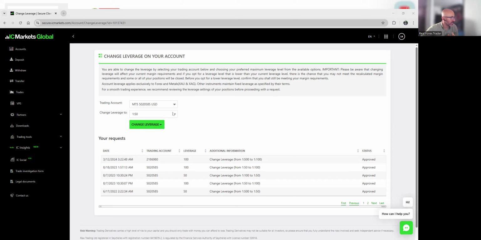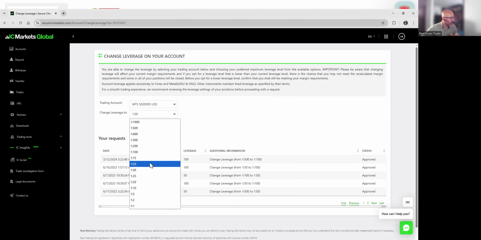My suggestion is set up your leverage to 150, 130, 125, 120, 110, depending on the capital that you have. If you leverage your account to 1,000, you can wipe it out if you are not careful with the percentage that you use in every trade.